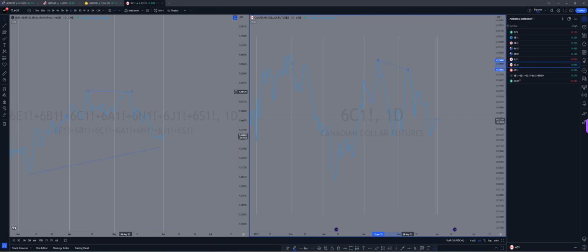So that was 8th of May. So 8th of May, if you go onto any CAD pair, you will see CAD being weak, right? And you can do that by maybe selecting pound CAD, Aussie CAD, New Zealand CAD, that particular day going forward.